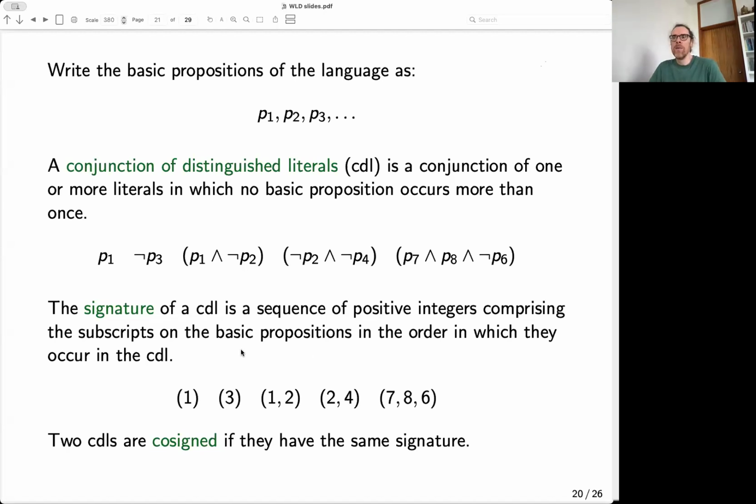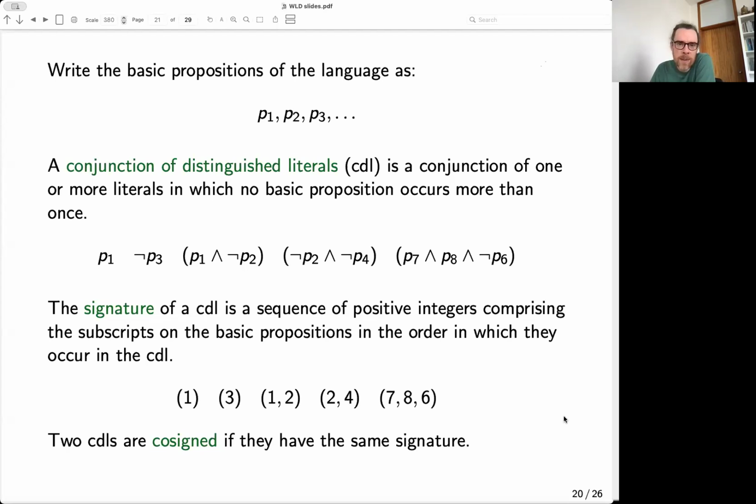And then I'll call the signature of one of these things the sequence of positive integers comprising the subscripts on the basic propositions, in the order in which they occur in that CDL. For these examples, these are their signatures down here. So 2 followed by 4 is the signature of that CDL.